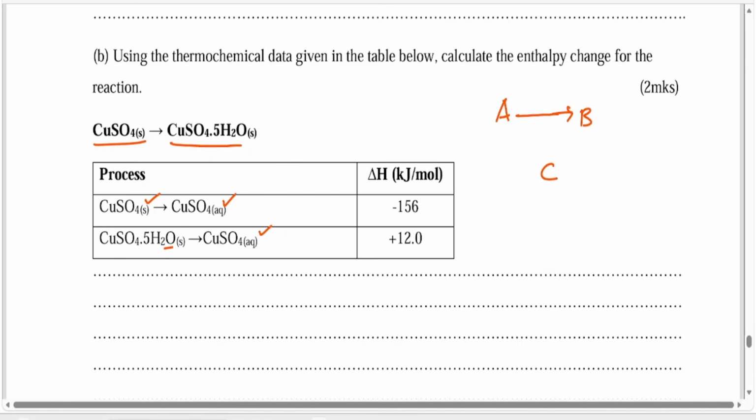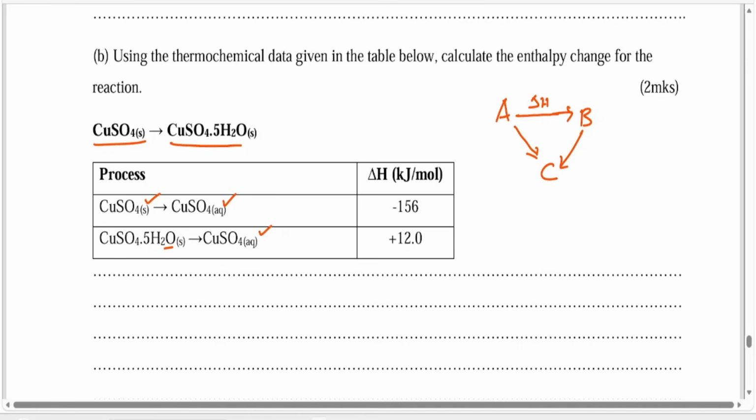So the energy change that I can use to convert A to B, let's say my main aim is to obtain C. So I can first pass through B and then I obtain C. Then I can still use A to C directly.